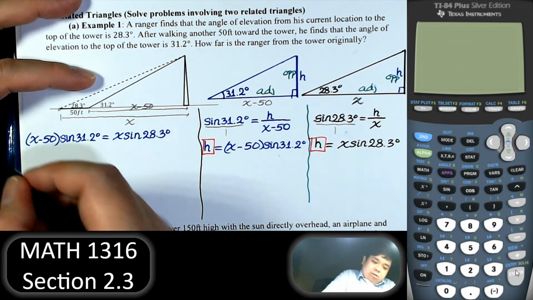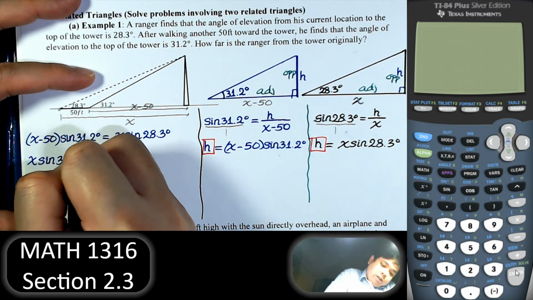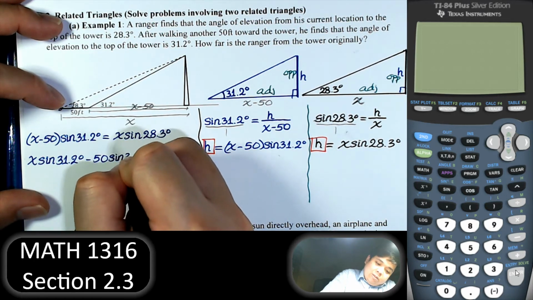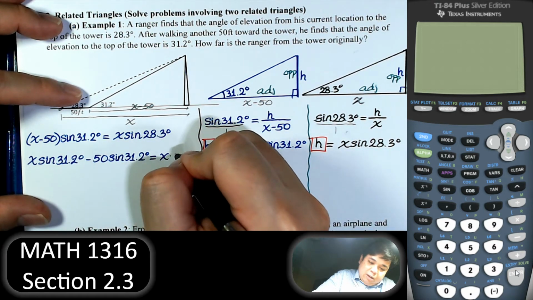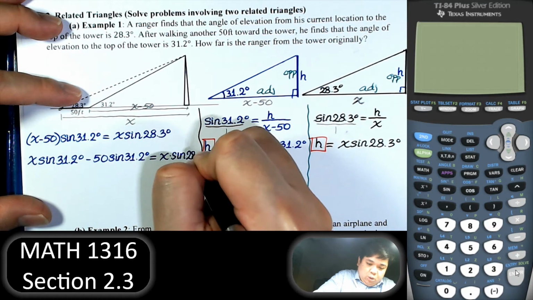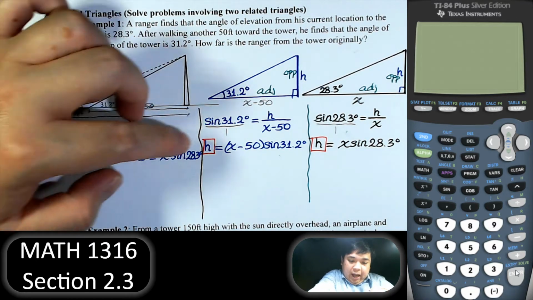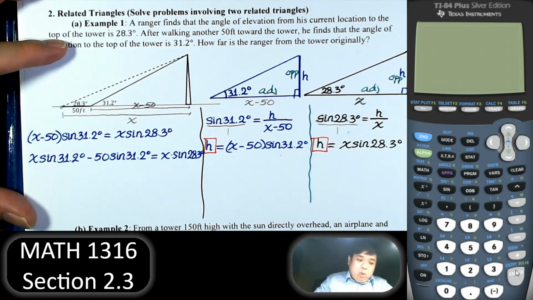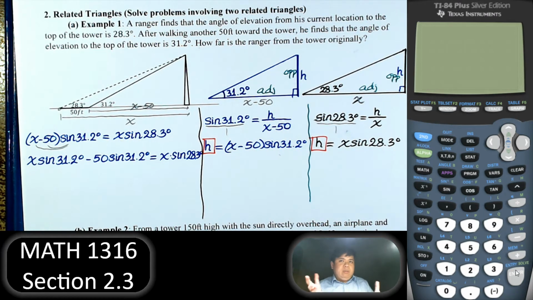Multiply them out. x times the function of 31.2 degrees minus 50 times the function of 31.2 degrees equals x times the function of 28.3 degrees. By the way, the function of 31.2 degrees is just a number, so instead of writing some number, I just keep it as is.